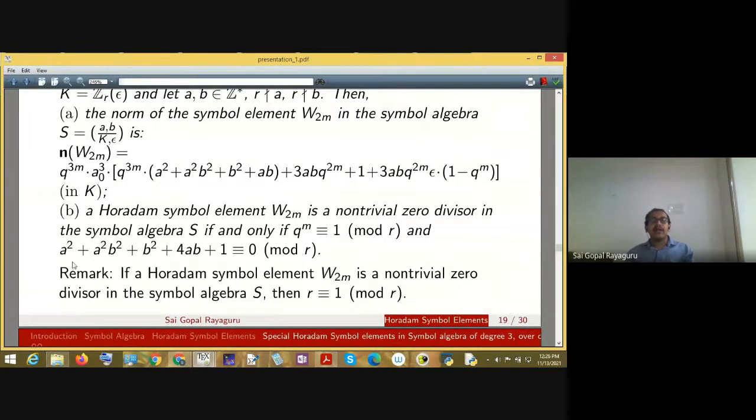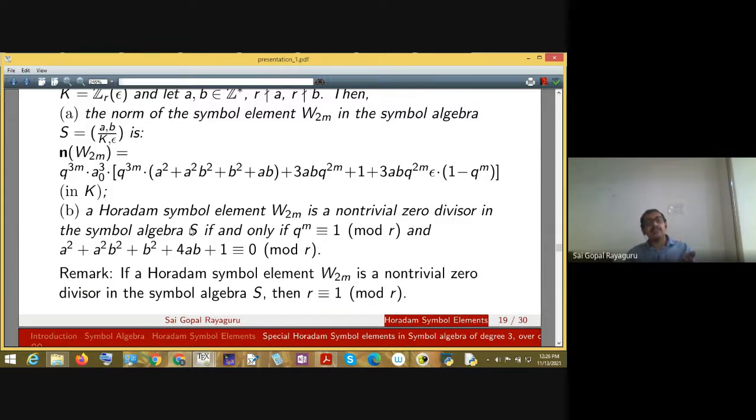And also with modulus r, a square plus a square b square plus b square plus 4ab plus 1 is congruent to 0 mod r. So if both of the conditions hold, then W2m, the 2mth Horadam symbol element, will be a non-trivial zero divisor in the symbol algebra we consider.